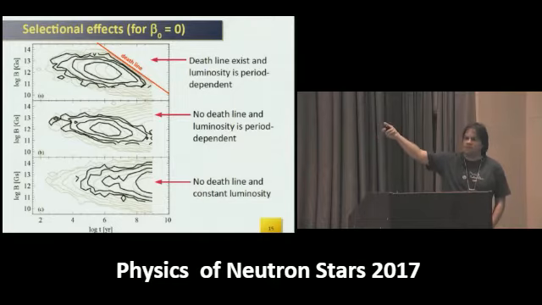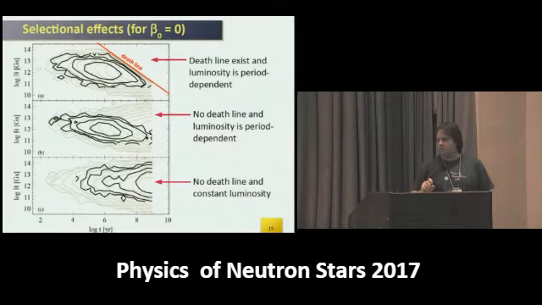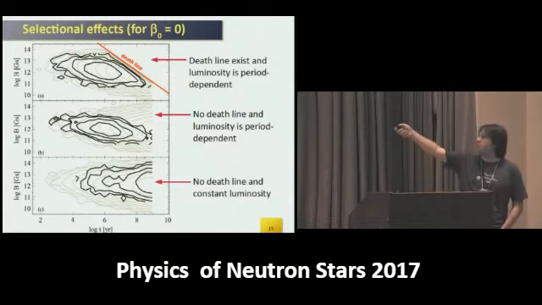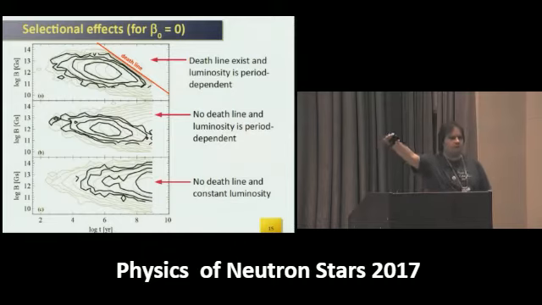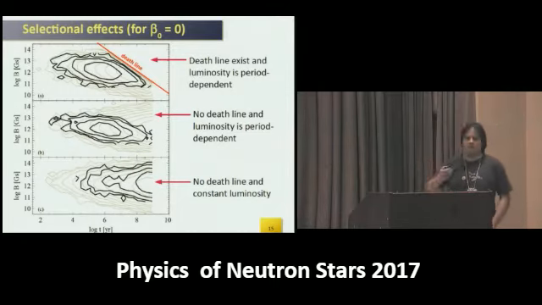These are density contour plots for the pulsars which pass the observational, instrumental selection. The two basic contributions are the death line, which naturally cuts the cloud of pulsars from the top, and the dependence of the pulsar radio luminosity on the period and period derivative. I can explain it later, probably.